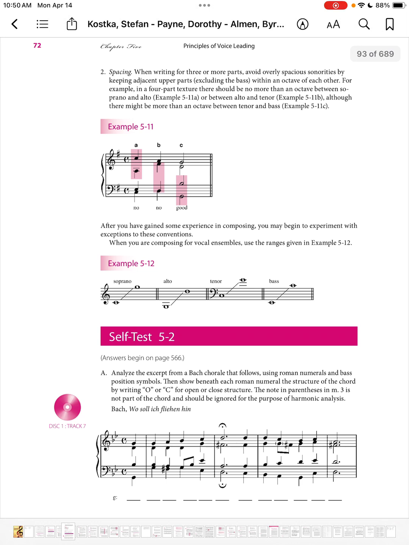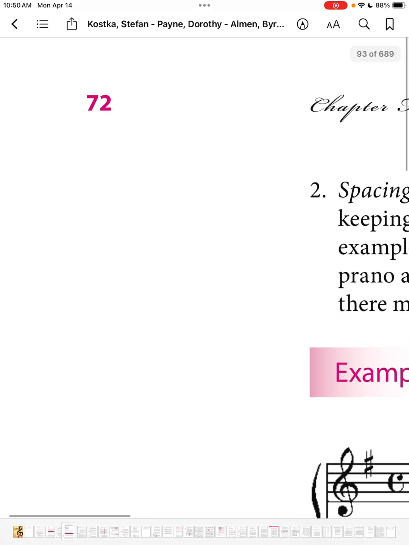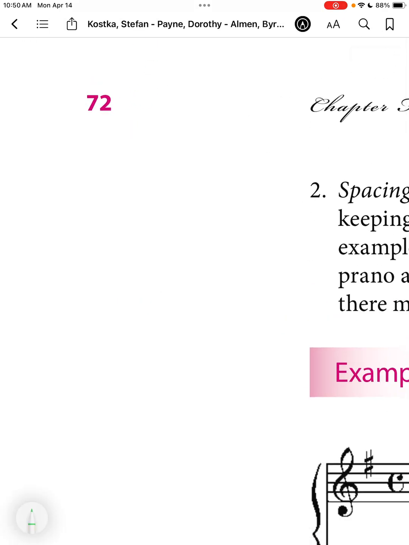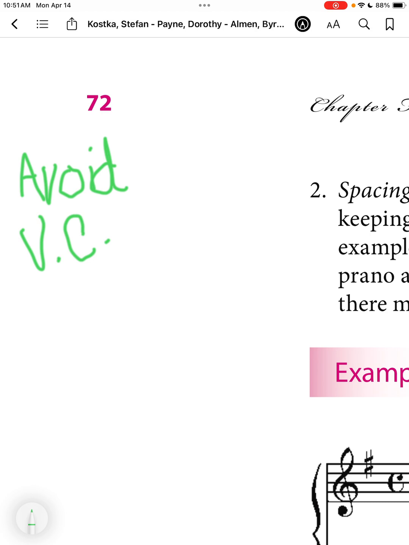This is where it's going to get a little interesting, and I'm going to jump ahead. For the writing, you generally want to avoid this stuff here. Avoid voice crossing, VC. I'll explain once we get to that point.